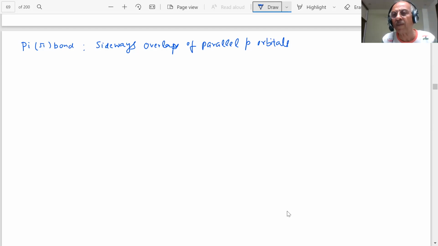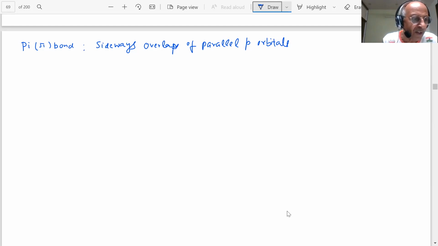You know that there are three p orbitals, perpendicular to each other. If one of them forms a sigma bond, then the next two can only form pi bonds, because they are oriented at 90 degrees to the first. So two p orbitals can form a pi bond.